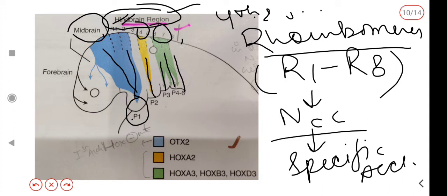So these rhombomeres migrate into these pharyngeal arches and form the skeletal component. This migration is also important because these three streams provide migration paths that give axonal guidance for axons from the ganglia.